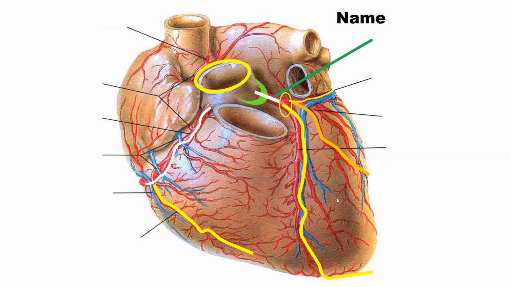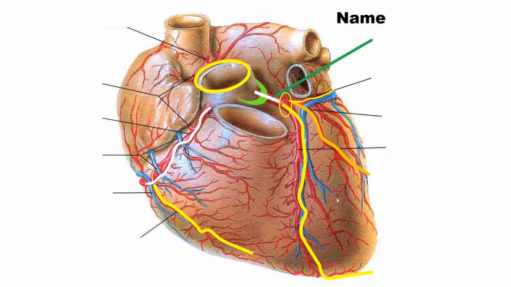Then, when we look at the right coronary artery, it comes from the right anterior sinus of the very beginning of the aorta, and then it runs in the coronary sulcus, supplying the right atrium and the right ventricle.